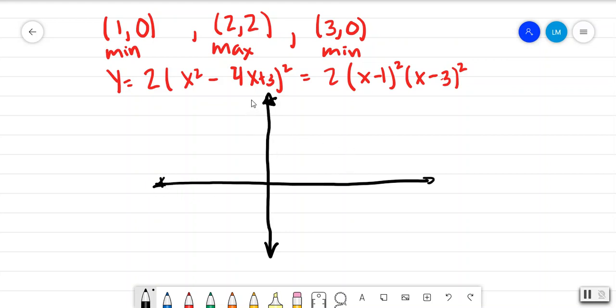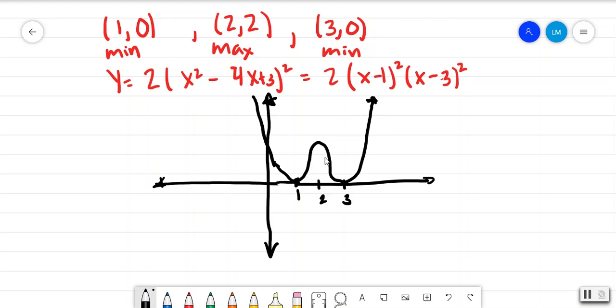Well, you're going to find that the equation looks a little something like this, where that's going to be 1, this is going to be 2, and this is going to be 3.